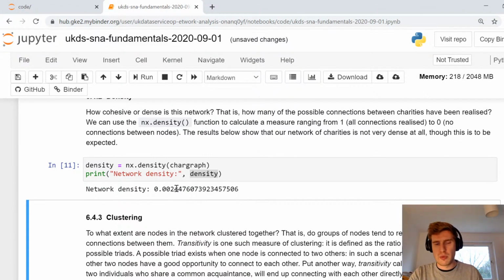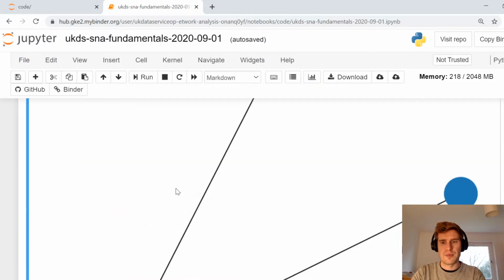So then we can move through a couple of other social network analysis concepts. Clustering is one very interesting, well-developed concept, and we're interested in one aspect of clustering, which is known as transitivity. This is a concept where, if 3 charities exist in the network and connections exist between 2 of them, what's the probability that the third connection will become realised?